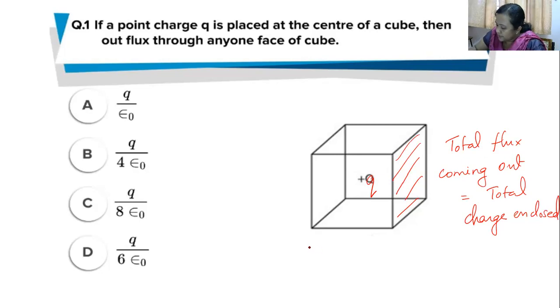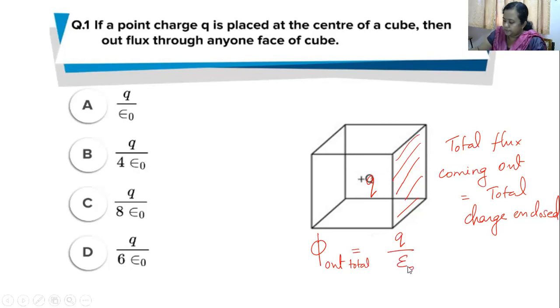So the total flux coming out, phi out total, will be Q by epsilon 0, that we know. Here the total flux coming out is equal to the total charge enclosed divided by epsilon 0. So phi out is equal to Q by epsilon 0.